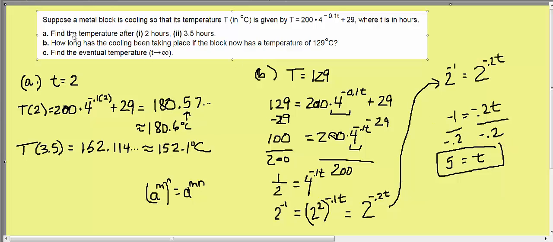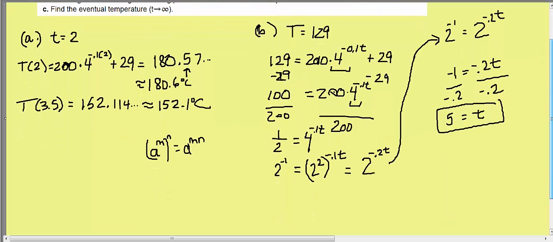Now for part C, as t goes to infinity, what we want to do is remember that if t is going to infinity, this is a big number. If it's a big number, then you can actually work with your table just to check it out.